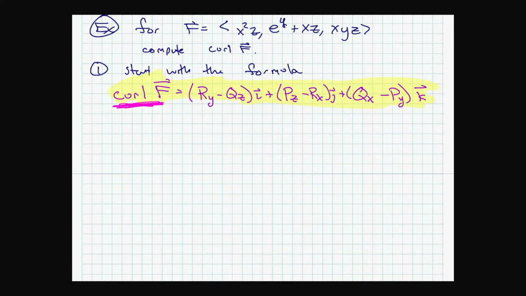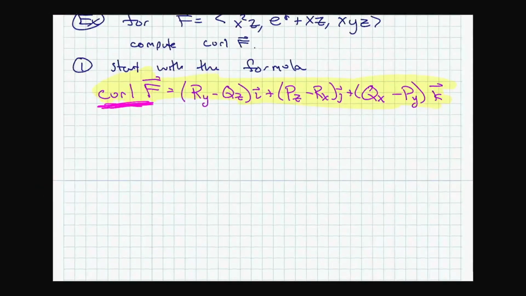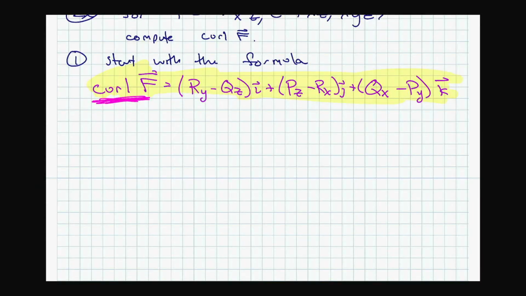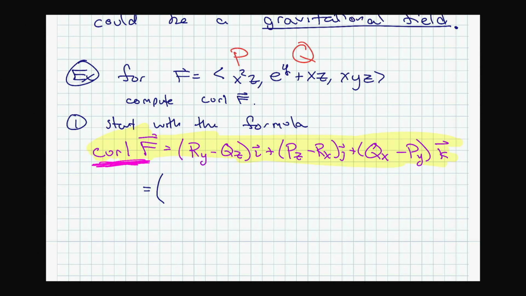Right, so start with this formula and then you just calculate the bits that you need to calculate, which are a bunch of partial derivatives. So 6 partial derivatives. It's not that bad, right? So you've got your PQR. So that's P, that's Q, that's R. And then we're just going to evaluate these one by one.